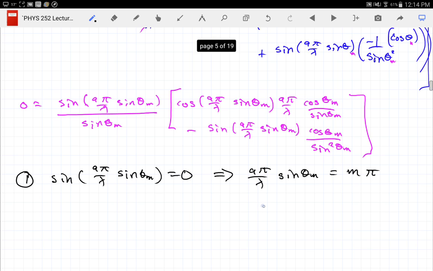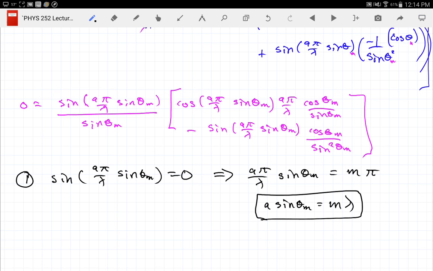Or in other words, a sine theta m is equal to m lambda. Well, we had already determined that's the situation that's going to give us the minima, because that's when we have 0 on the top of our equation. So we already knew that one gave us minima.